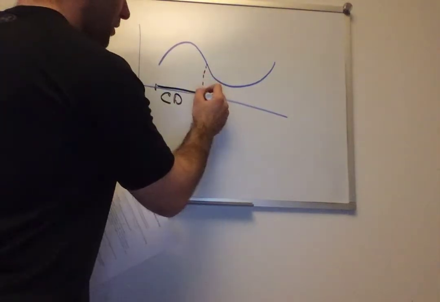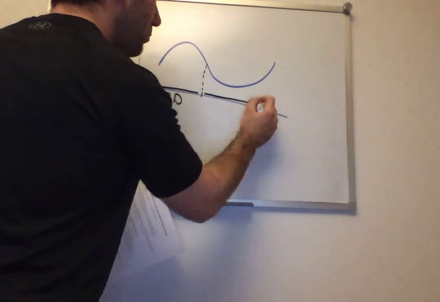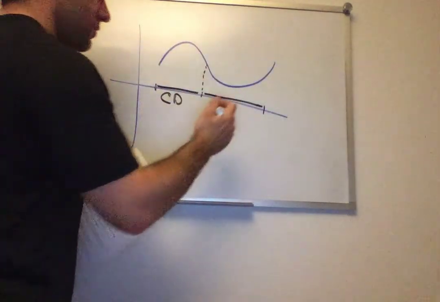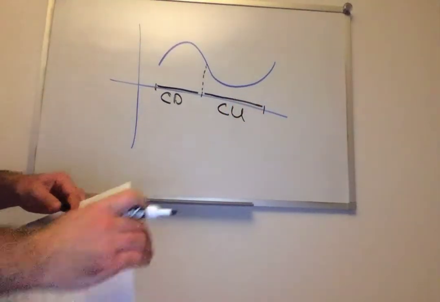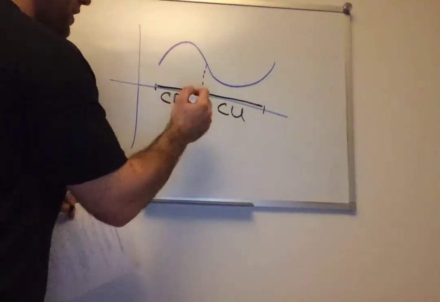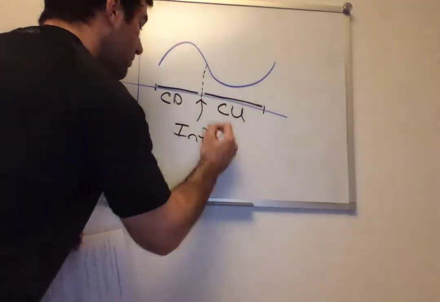And then from right here on this interval, all the way up until this endpoint, I'm only concerned with what I drew here, we're concave up. Concave down here, concave up here. This point right here is called the inflection point.